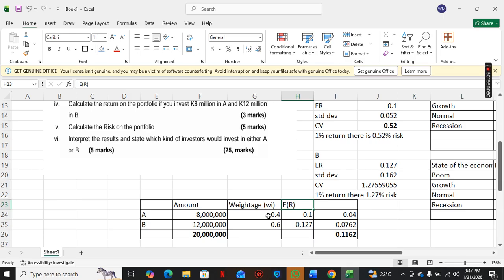So these weightages you multiply by the expected returns. Okay. Expected return for A was 0.1. So it says 0.4 times 0.1, 0.04. For B, 0.6 multiplied by 0.127, 0.0762.